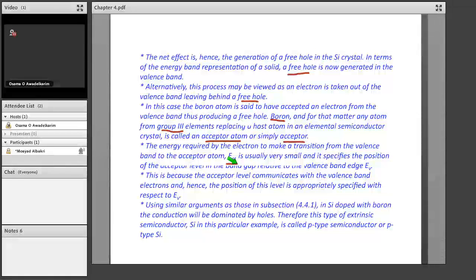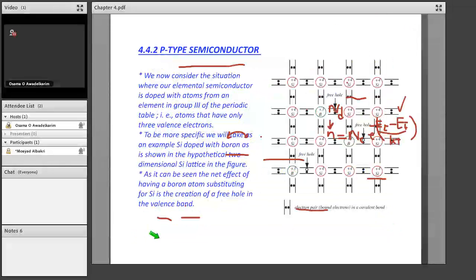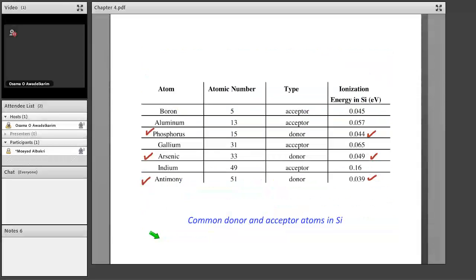So this boron makes the elemental semiconductor a p-type semiconductor. And if we go back to this table here, we see that boron is group 3, aluminum is group 3, gallium is group 3, indium is group 3.